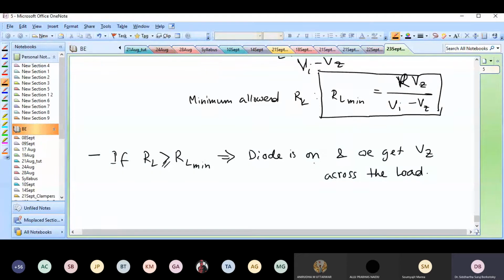So this is our desired situation. We want to keep the diode on. We want to get the voltage Vz across the diode, across the load.